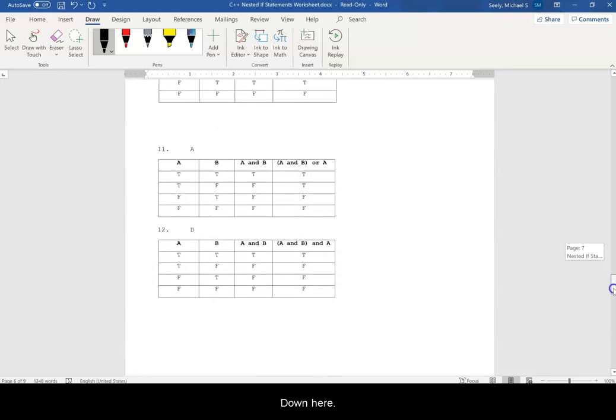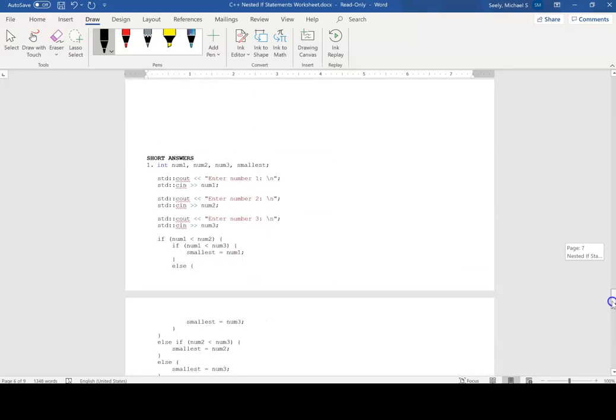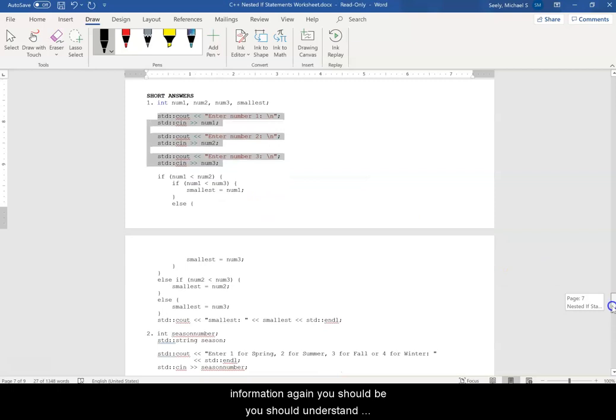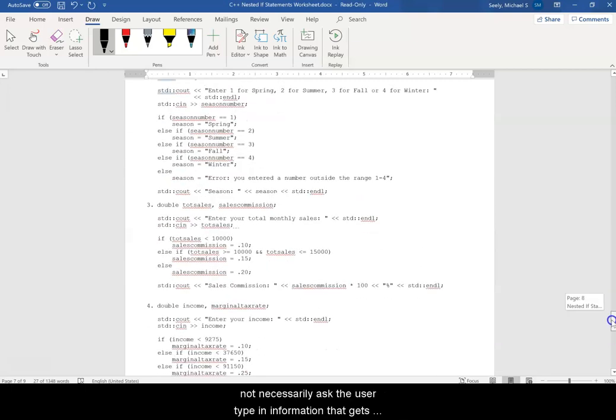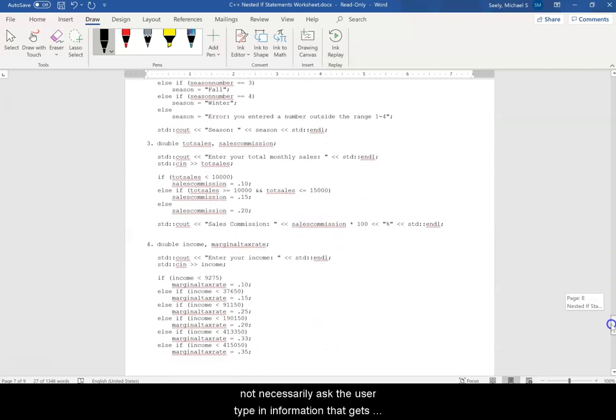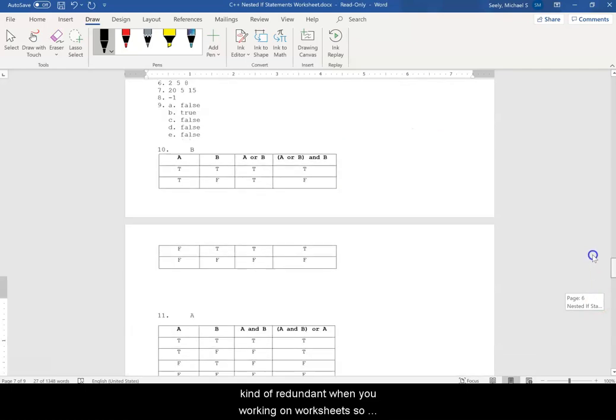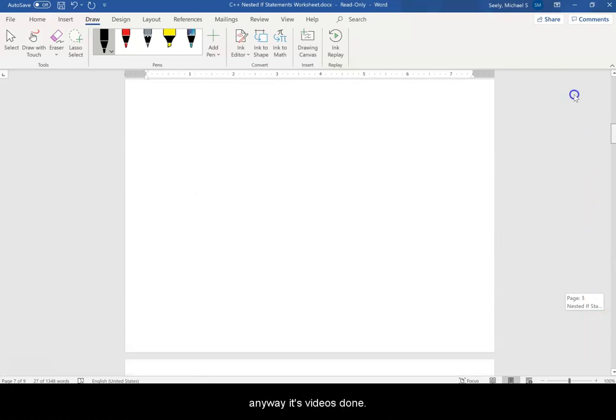Down here I allowed the user to enter in information. Again, you should understand that all by now. The purpose is to write these programs out, not necessarily ask the user to type in information. That gets kind of redundant when you're working on worksheets. So anyway, this video's done.